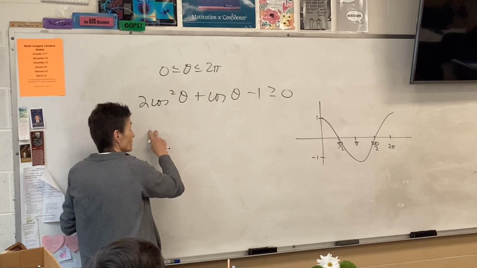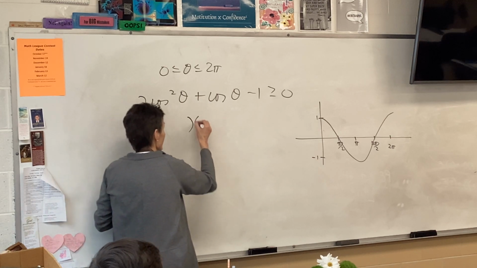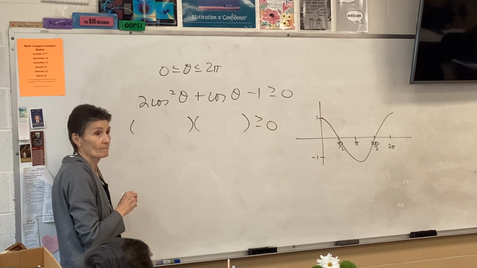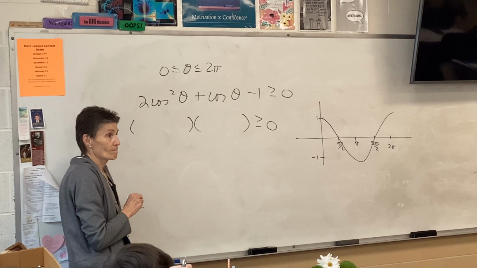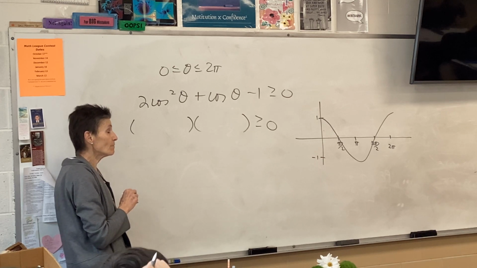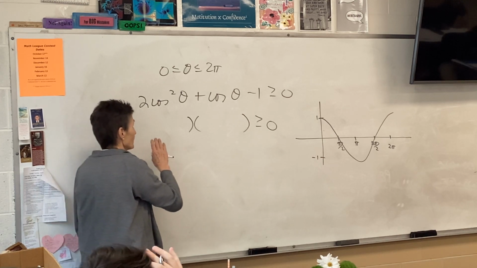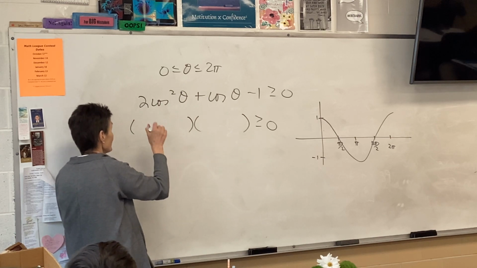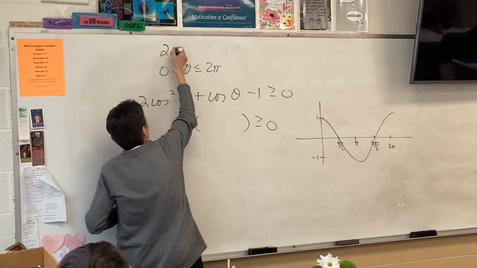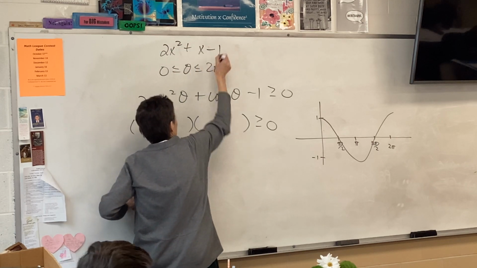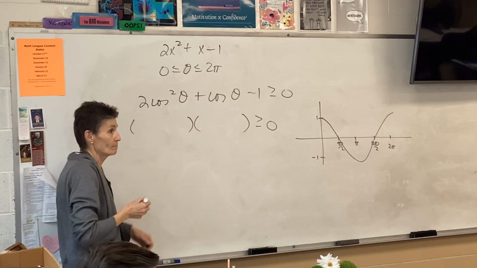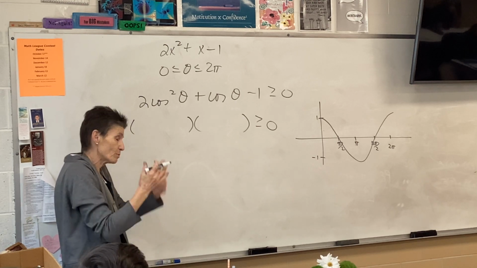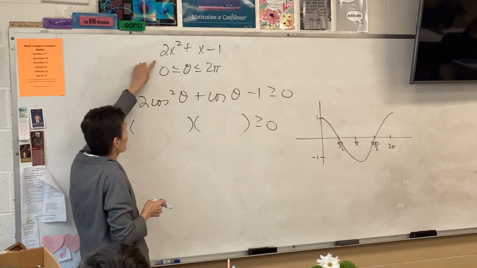It's a quadratic trinomial. We factor it like this, don't we? If you're struggling because of the cosines to get it factored, think of it literally as 2x squared plus x minus 1. Your variable is cosine theta, but treat it like an x. Well, how would that factor?